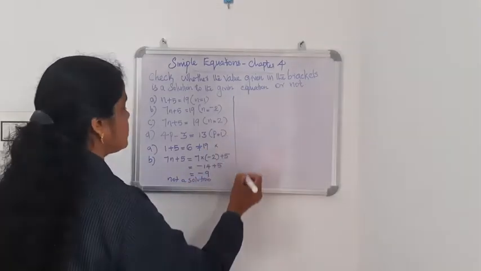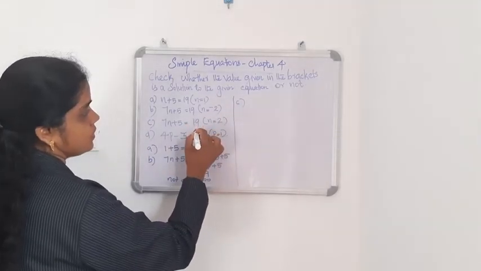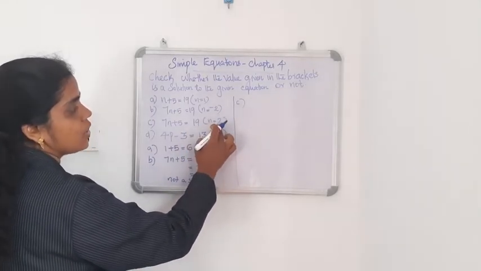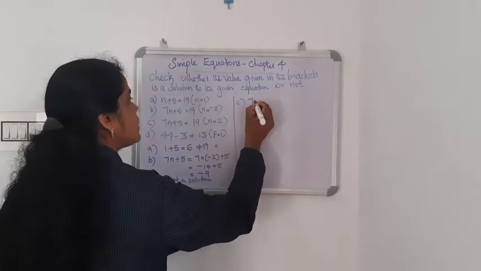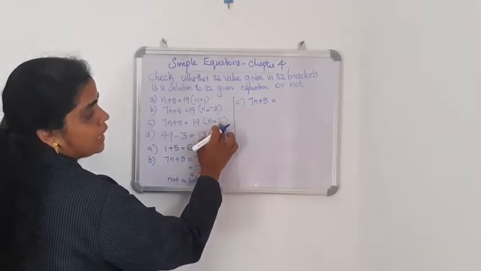What about C question? 7n plus 5 equal to 19, but the solution given is n equal to 2. In 7n plus 5, we can substitute n equal to 2.